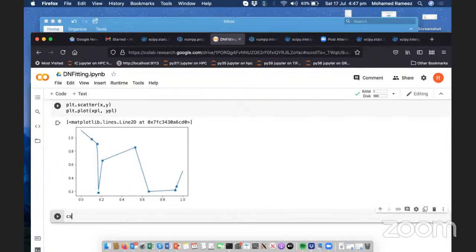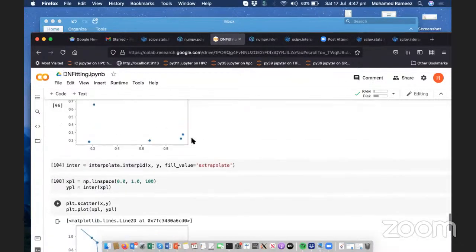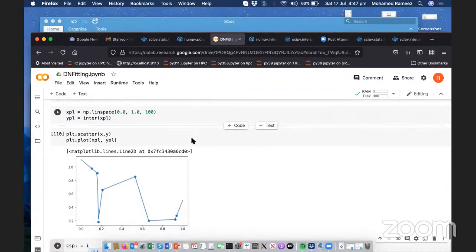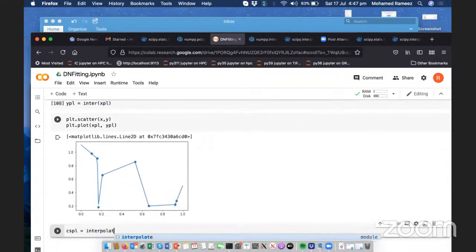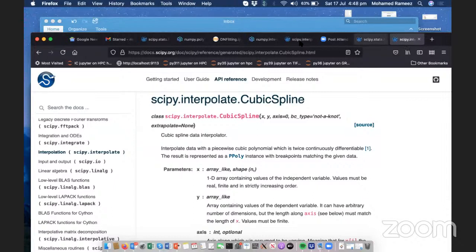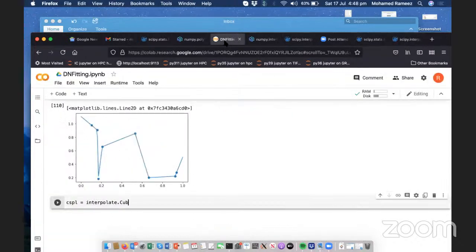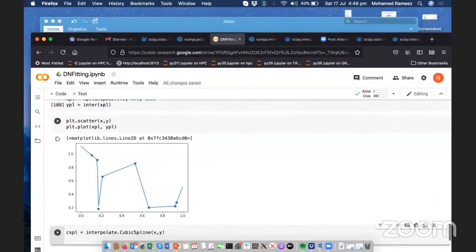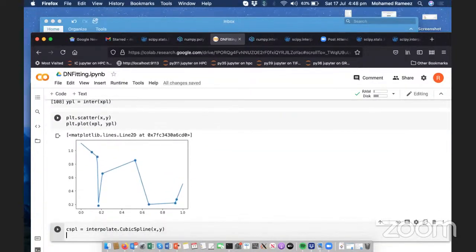So CSPL equals interpolate.CubicSpline(x, y). Why is it showing only cubic Hermite spline? Yeah, it's showing also CubicSpline(x, y). IPL equals CSPL of XPL.